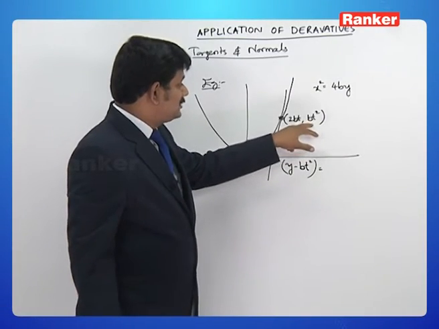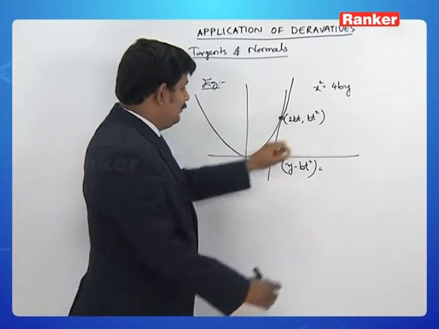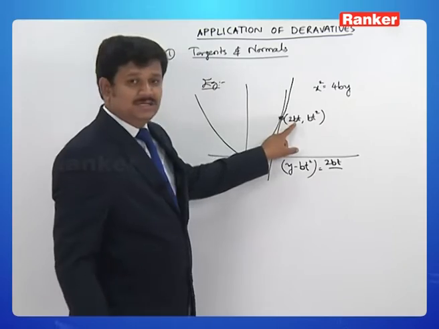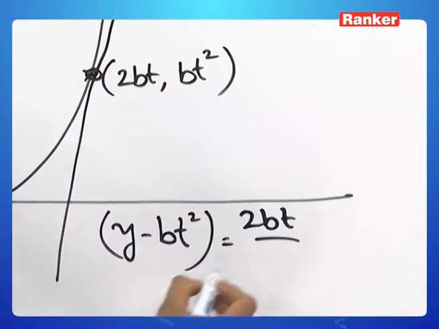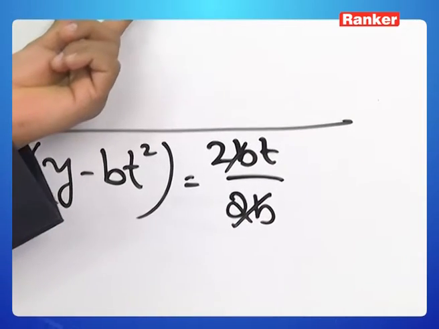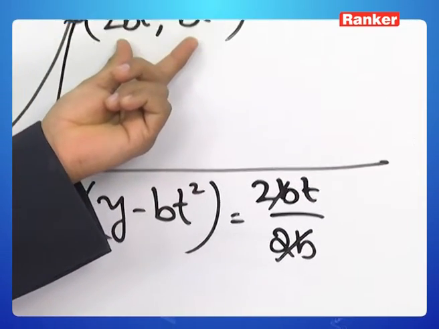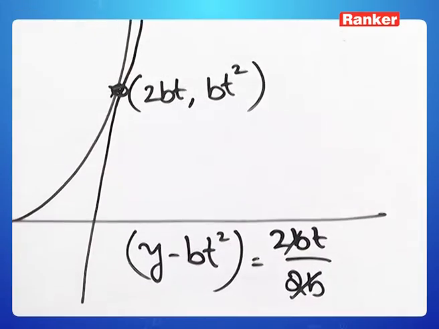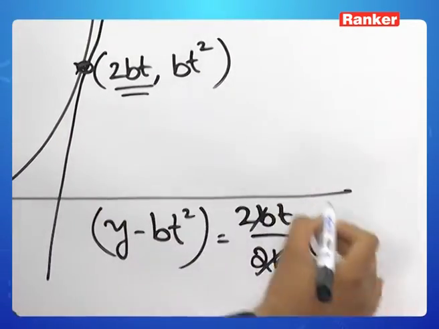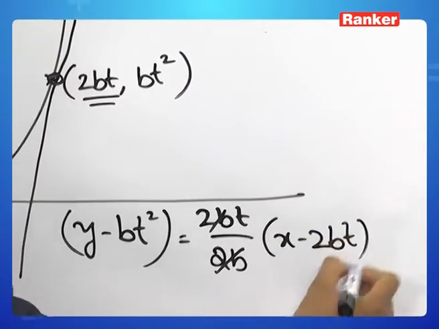So, dy by dx is dy by dt, which is 2bt, divided by dx by dt, which is 2b. 2b gets cancelled, so dy by dx at any point on this curve is nothing but t, into x minus x1, where x1 is the x coordinate at this point, which is 2bt.